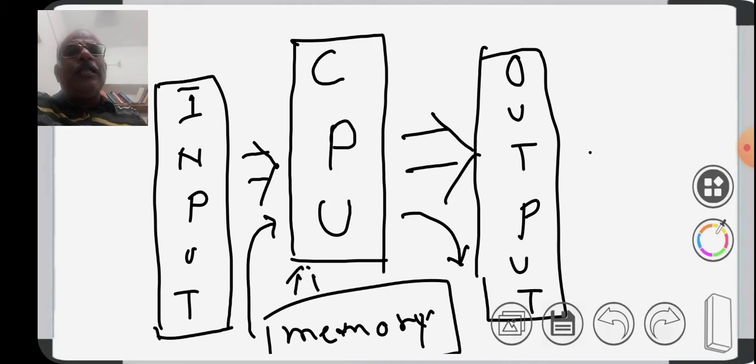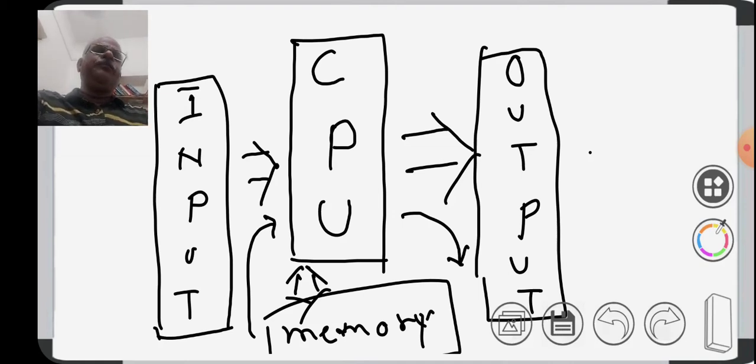But look at the direction. The direction of the flow of data is bidirectional, which means data can flow from memory to the central processing unit, and from the central processing unit to memory. The bus connecting the central processing unit and memory has two directions, whereas the bus connecting the input device and the central processing unit is unidirectional.